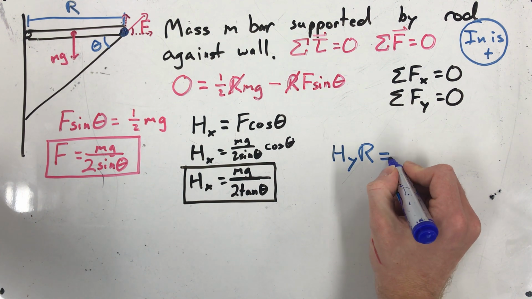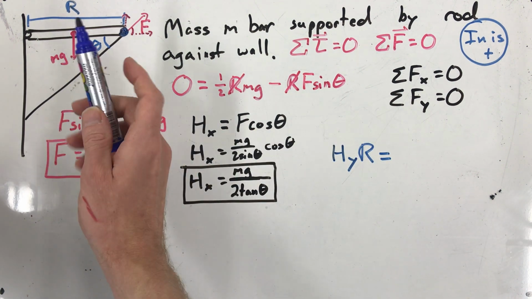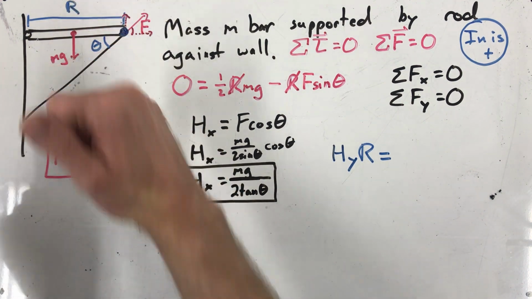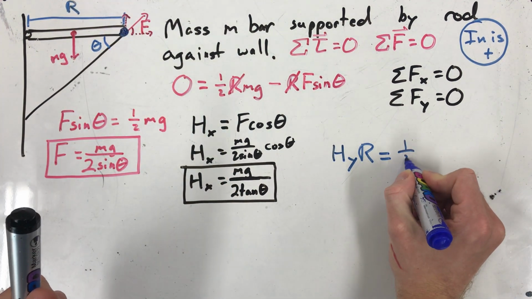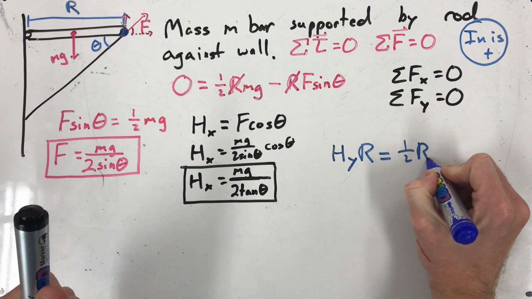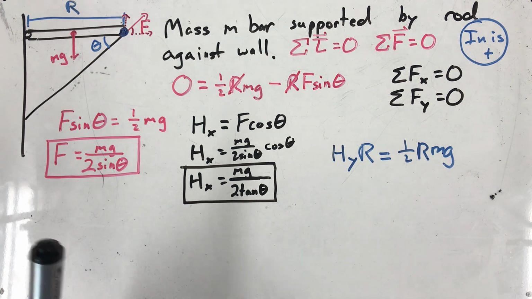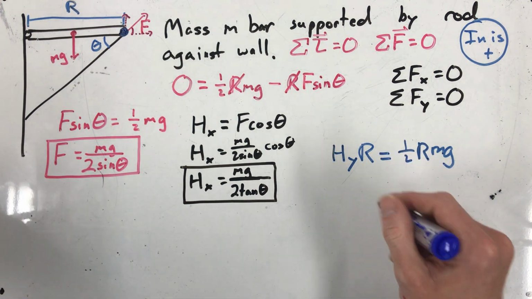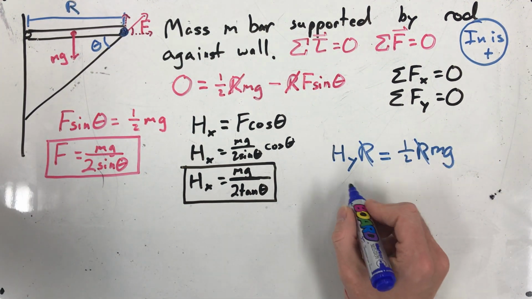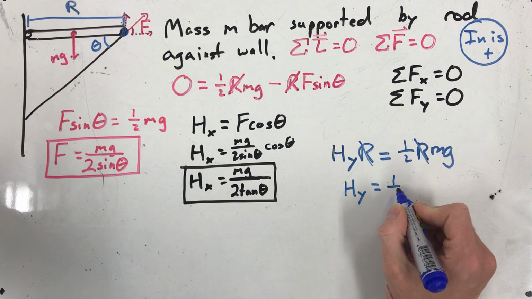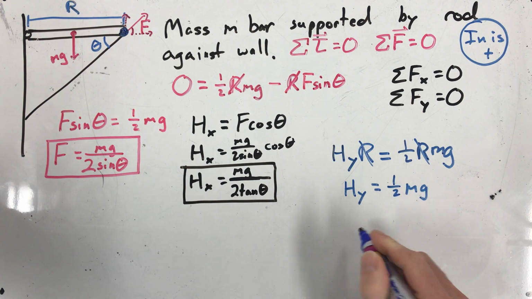And this should be equal to the downward torque, or not downward, I guess out of the page, word. The torque caused by this, which is 1/2 r, that's the lever arm, times mg. So the y component of that force is going to be equal to 1/2 mg.